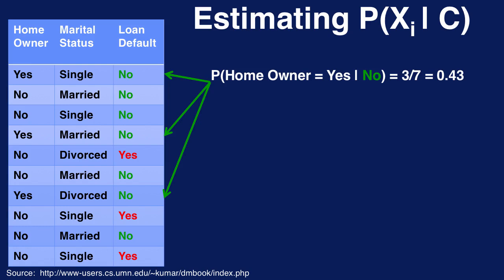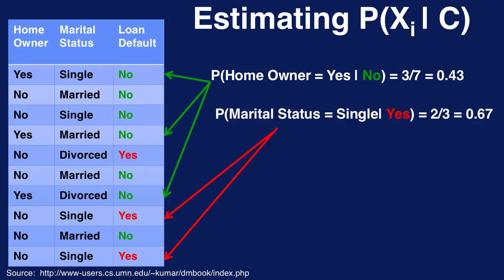This fraction, 3 out of 7, is the probability that homeowner is yes, given that the class is no. Similarly, the samples with the value of single for the feature marital status when the class is yes are indicated by the red arrows. And the probability that marital status is single, given that the class label is yes, is 2 out of 3, or 0.67.